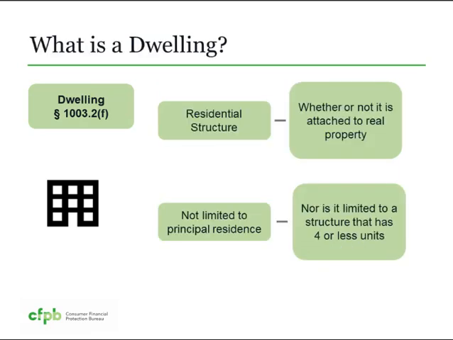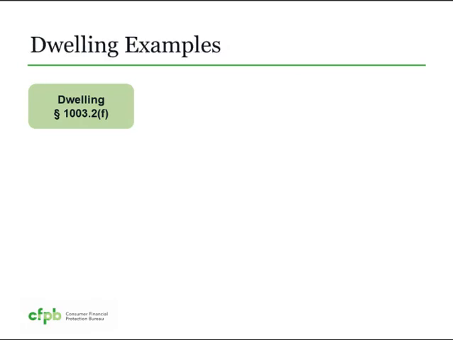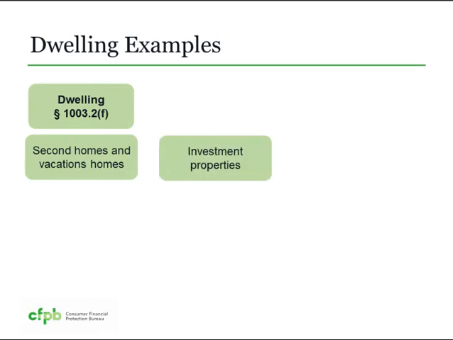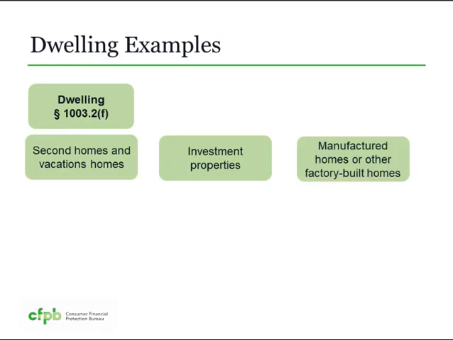A dwelling is a residential structure whether or not the structure is attached to real property. A dwelling is not limited to a principal residence, nor is it limited to a structure that has 4 or less units. Here are some examples of dwellings: second homes and vacation homes, investment properties, manufactured homes, or other factory-built homes.